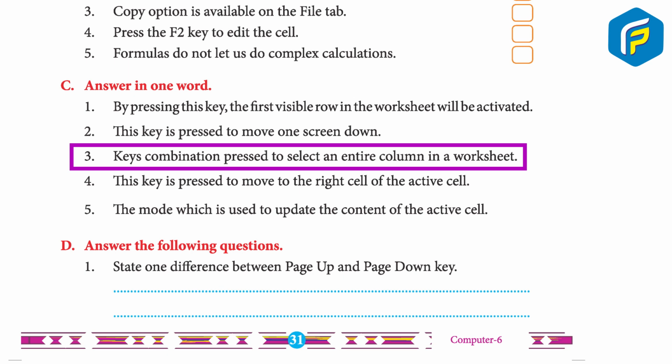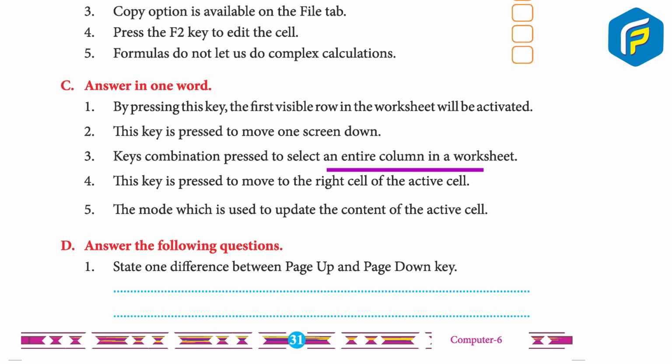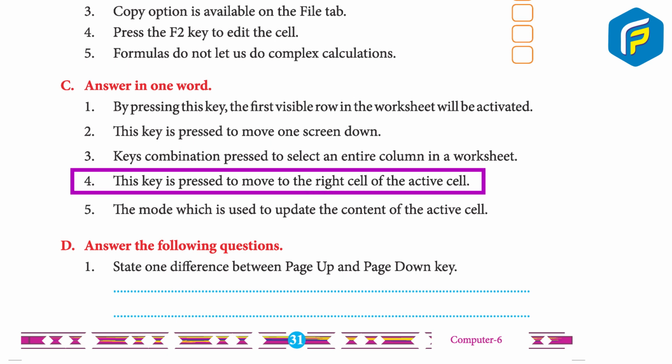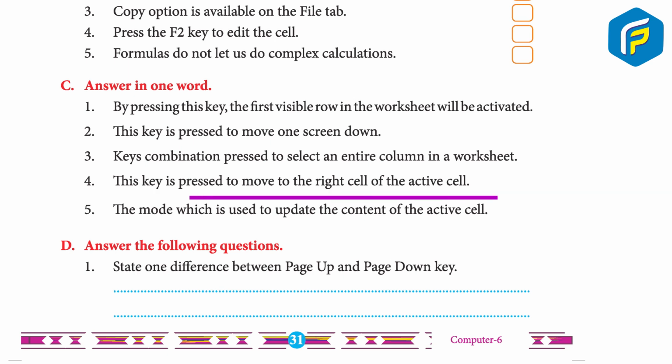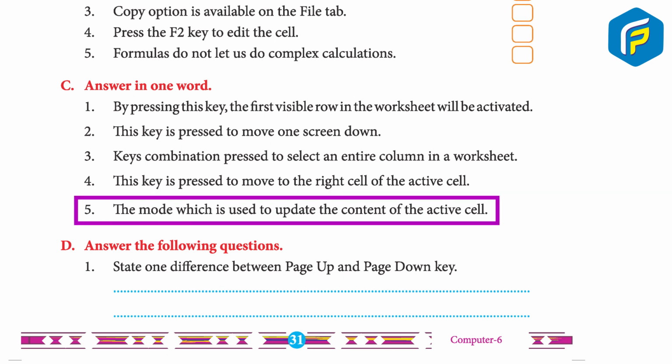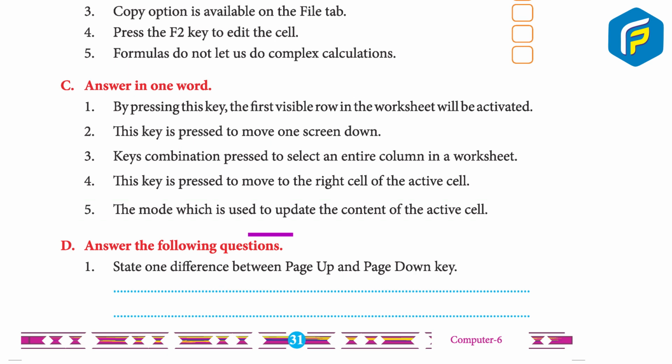Answer: Control plus Space bar. 4. This key is pressed to move to the right cell of the active cell. Answer: Arrow key. 5. The mode which is used to update the content of the active cell. Answer: Edit.